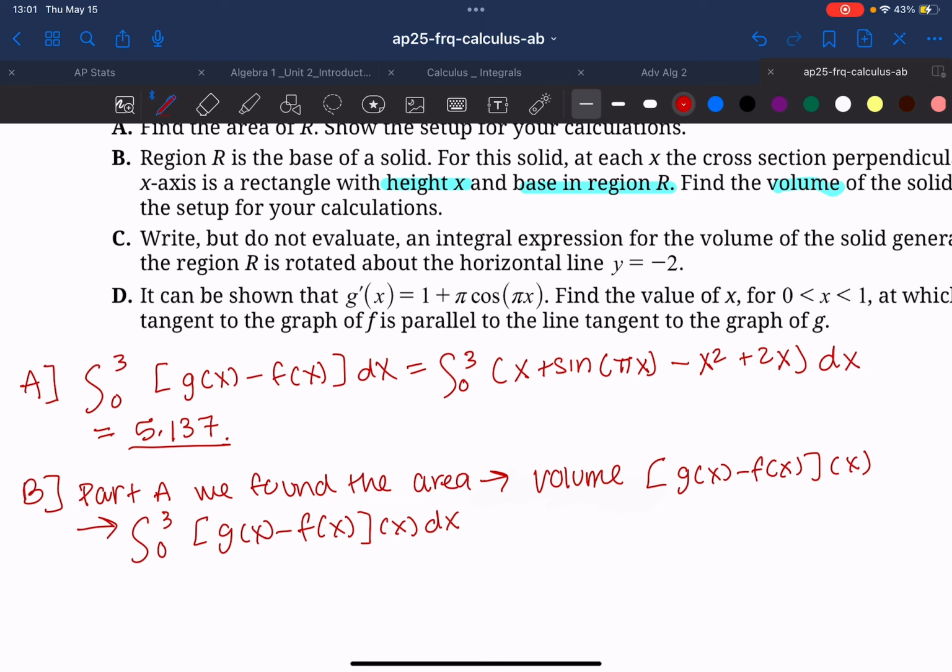And plugging that in, that is the integral of 0 to 3 of x plus sine pi x minus x squared plus 2x times x dx. And then solving this integral, we get the value 7.705.